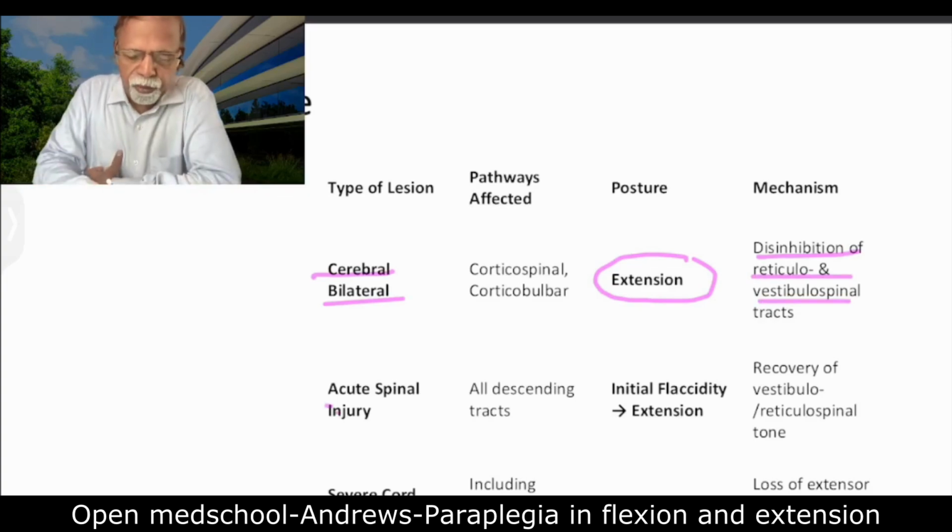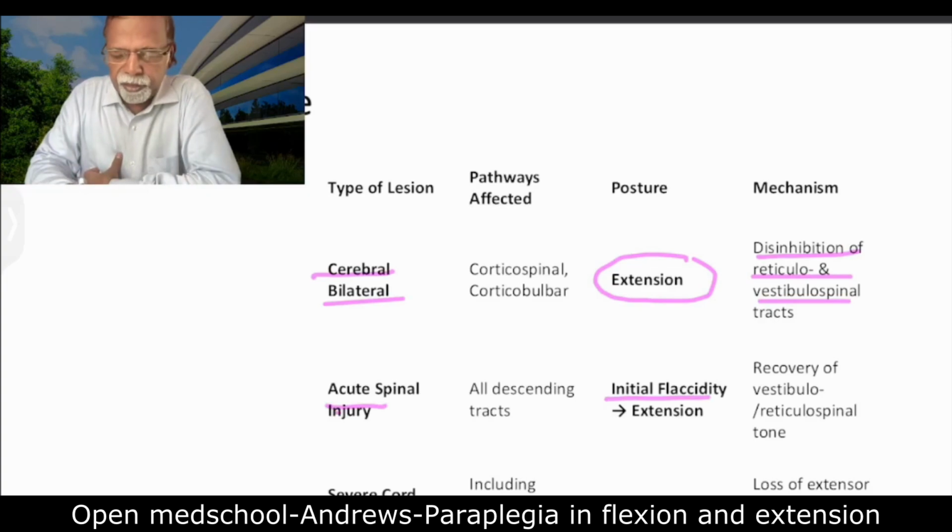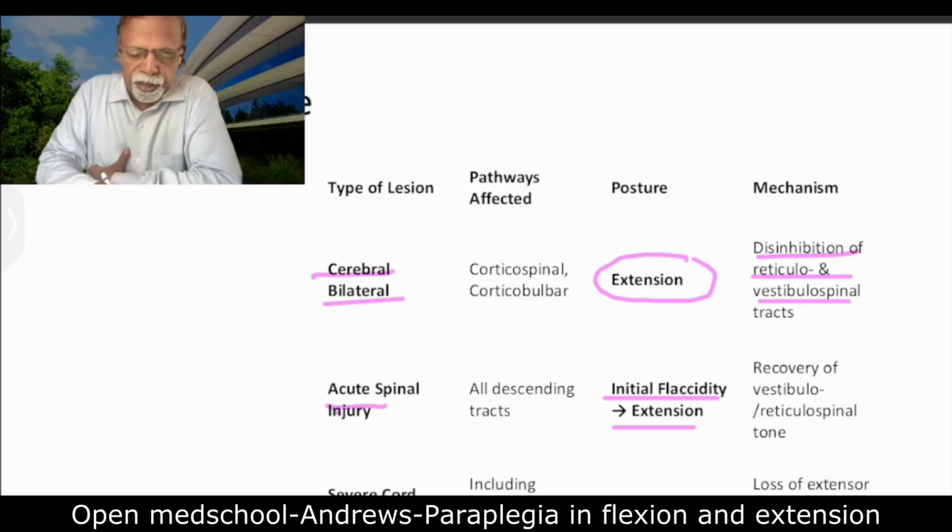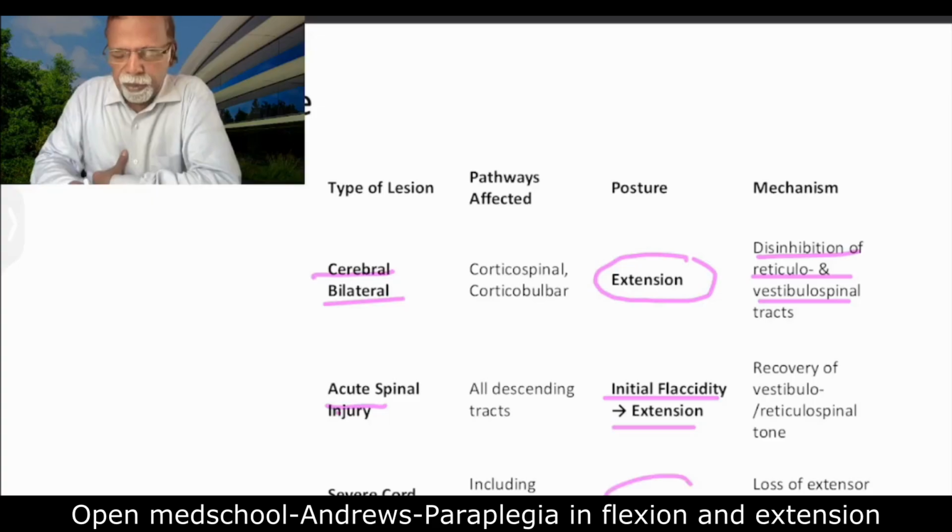In acute spinal cord injury, initially there is flaccidity, followed by recovery of the vestibulospinal and reticulospinal pathways, which leads on to paraplegia in extension. Severe spinal cord injury goes into paraplegia in flexion: loss of extensor tone due to destruction of the vestibulospinal and reticulospinal pathways and activation of the flexor reflex afferents.